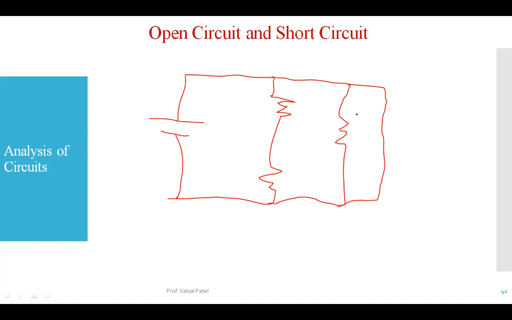Can you say that current is flowing through these resistances? Is there any current flowing in this two resistance path?